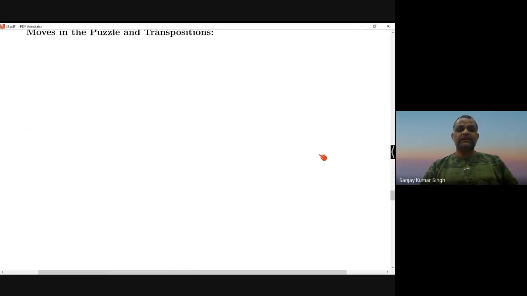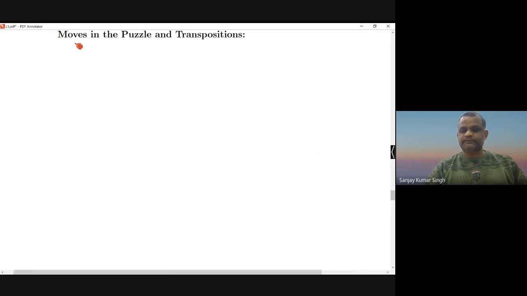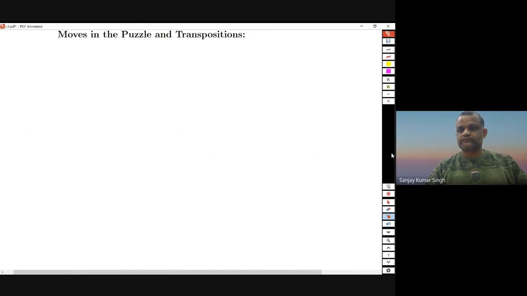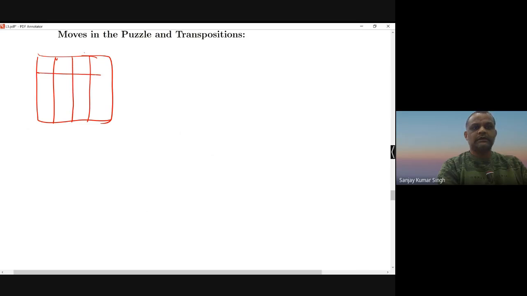So now I will define what my move is. What is a move in the puzzle? Suppose I have started with a puzzle, any puzzle, and it has positions like this. 1 is here, 3 is here, 5 is here.